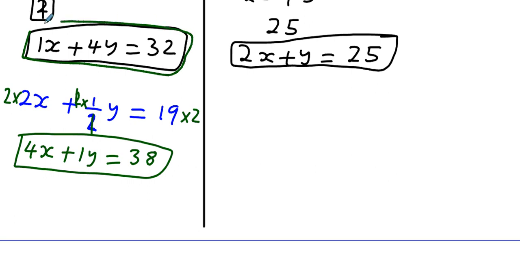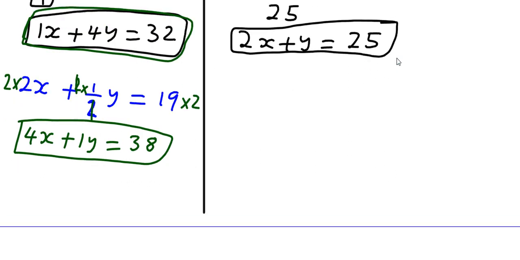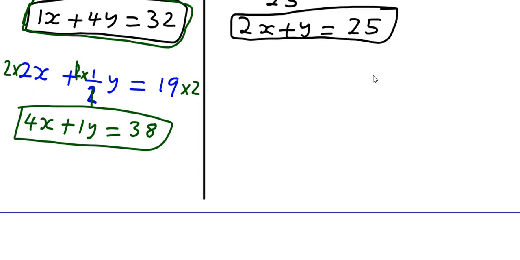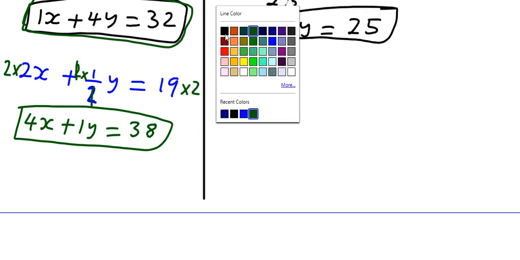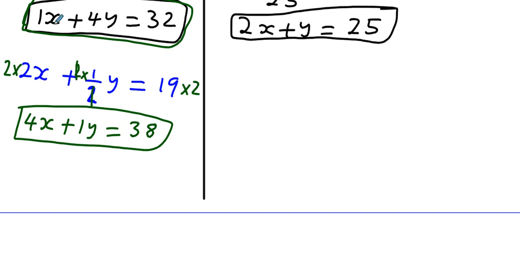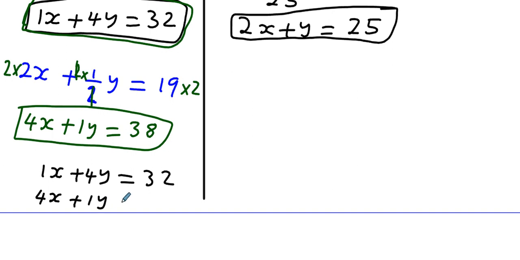Can you notice that the work will now be easy? I'm going to combine those two equations and solve them. The first one was 1x plus 4y equals 32. The second one is 4x plus 1y equals 38.